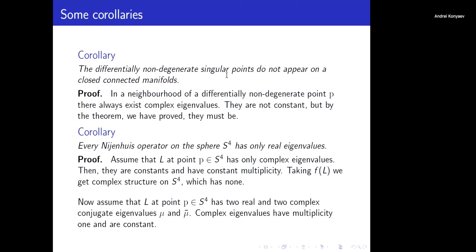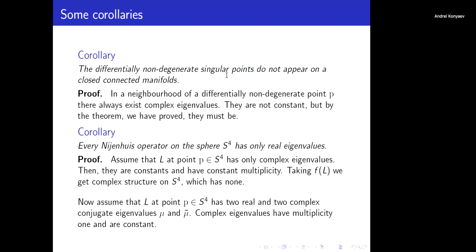You see that those two eigenvalues, or more than two eigenvalues, glue together and become complex valued. So basically, in every neighborhood of a singular non-degenerate point, you get non-constant complex eigenvalues, right? Because of the same calculations we have used earlier. So it is impossible.